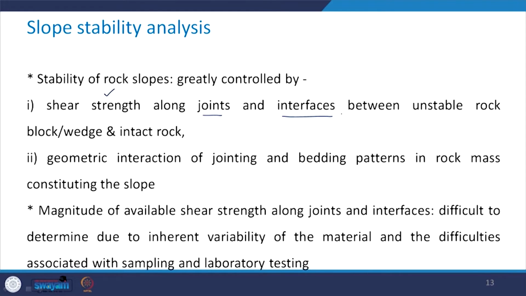The second parameter is the geometric interaction of jointing and bedding patterns in the rock mass constituting the slope. The magnitude of available shear strength along these joints and interfaces is difficult to determine because of the inherent variability of the material and the difficulties associated with sampling and lab testing.